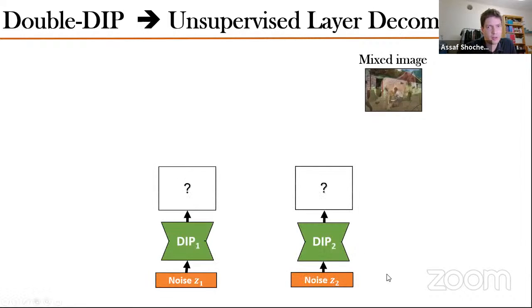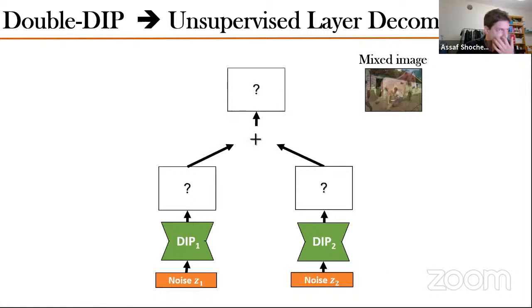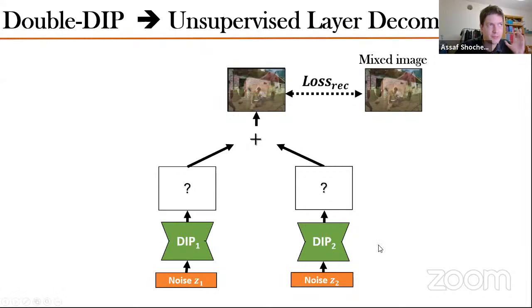We're going to take a couple of these deep image prior networks, and we're going to train them together to do this really simple task, saying that the summation of both results needs to be as close as possible to the mixed input that we have. And of course, this is a very easy task to learn, how to reconstruct this specific image.